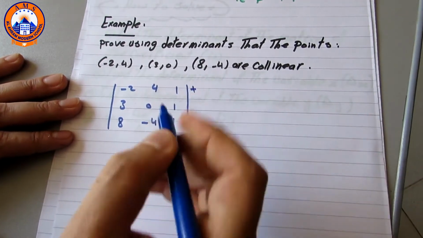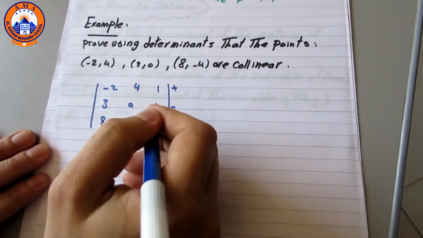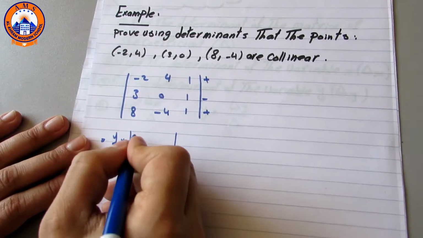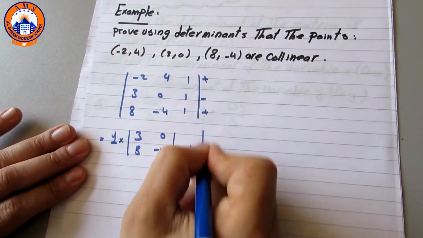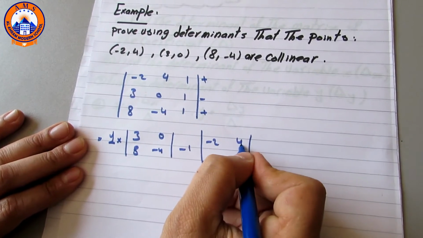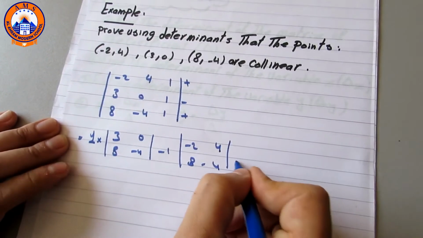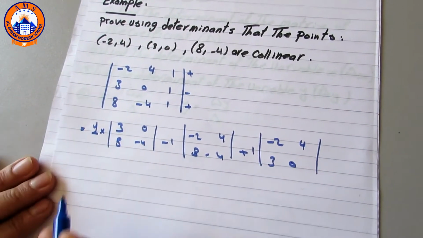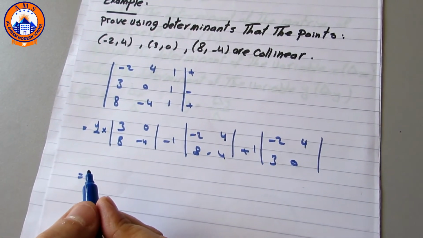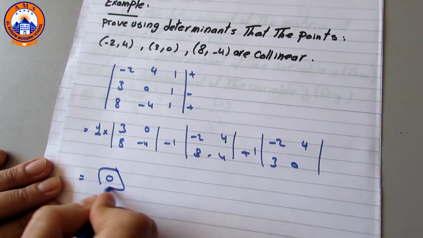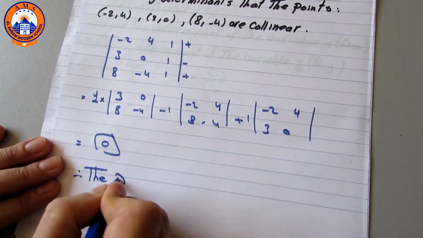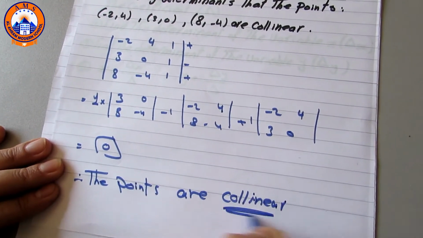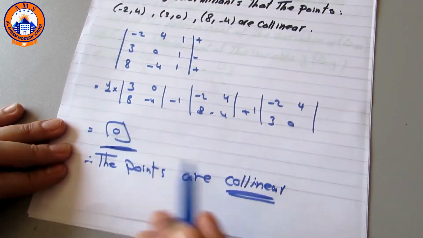I said it's better to choose the third column, 1 and 1 and 1, and write 1 multiply, cancel, 3, 0, 8 and negative 4, minus 1, cancel, negative 2, 4, 8, negative 4, plus 1, cancel, negative 2, 4, 3 and 0. The result will finally be 0, so therefore the points are what? Are collinear. Why? Because the value of the determinant equals what? Equals 0.